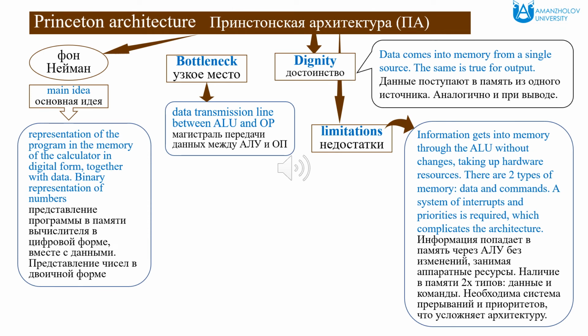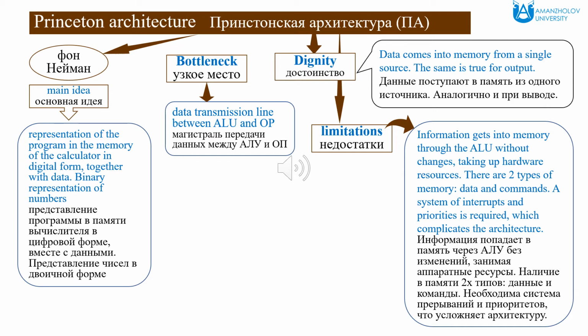Princeton architecture. Main idea: representation of the program in the memory of the calculator in digital form together with data. Binary representation of numbers. Bottleneck: data transmission line between ALU and OP.